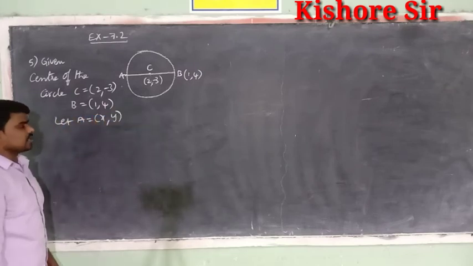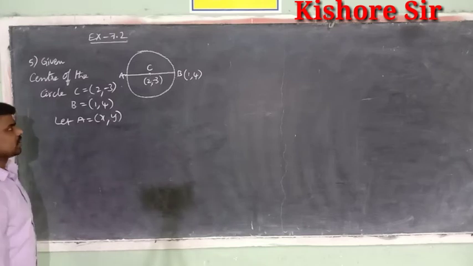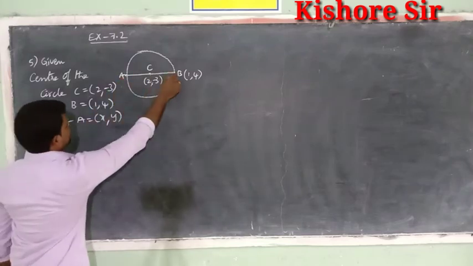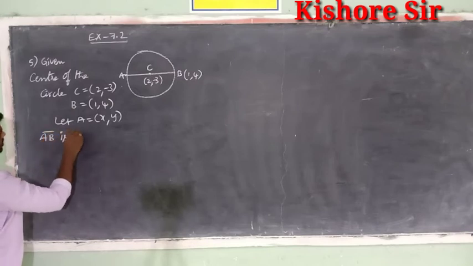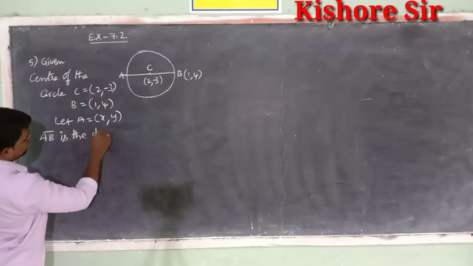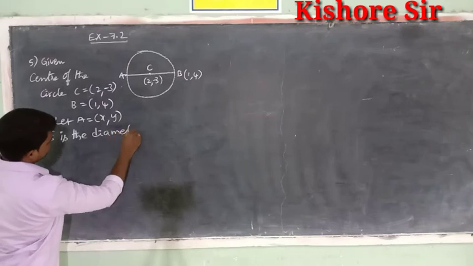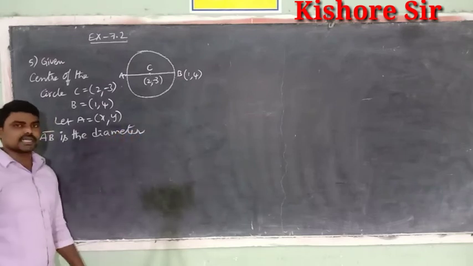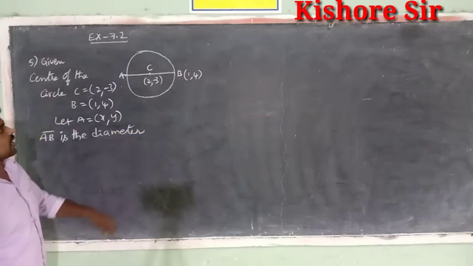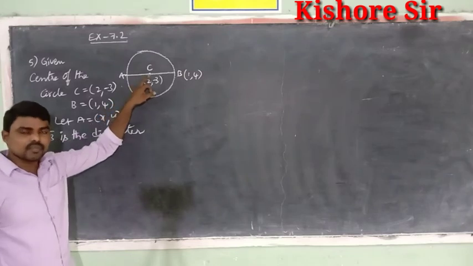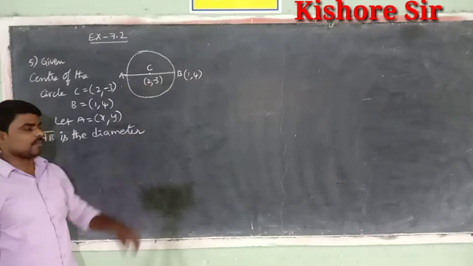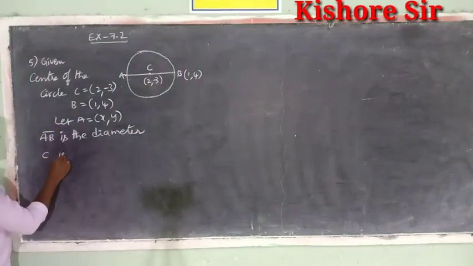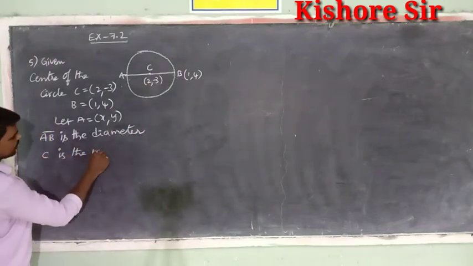Take a point A, that is x, y. So AB is the diameter of the circle. Observe here. So C is the midpoint of AB. Okay, we have to use midpoint formula.